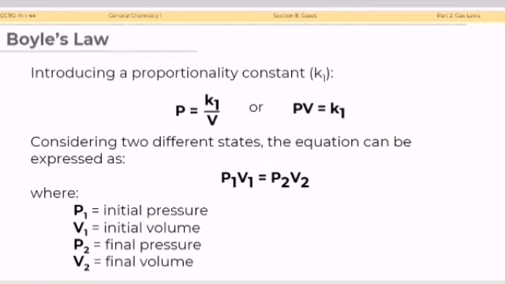Considering two different states, the equation can be expressed as P1 times V1 equals P2 times V2, where P1 is the initial pressure, V1 is the initial volume, P2 is the final pressure, and V2 is the final volume.